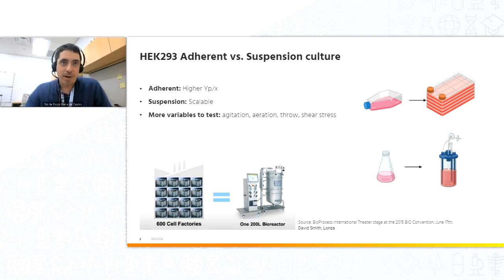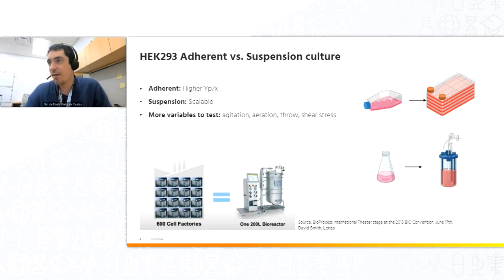And by the way, people with proper training to work with adherent cells are also not easy to find. It takes a lot of training and experience in aseptic techniques, right? So you have a lot of reasons to just go for a suspension culture if you can, right? So for example, in this reference here, we can get an idea of the difference between working with adherent culture and suspension culture.